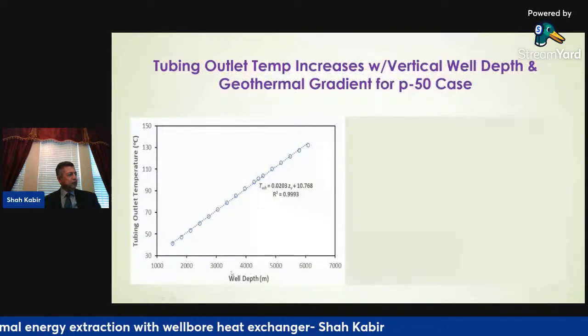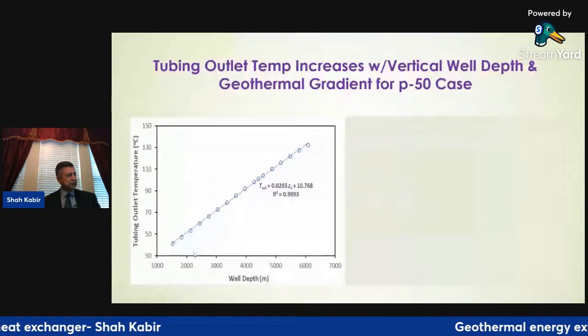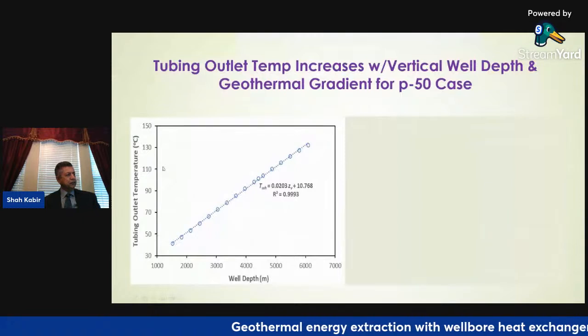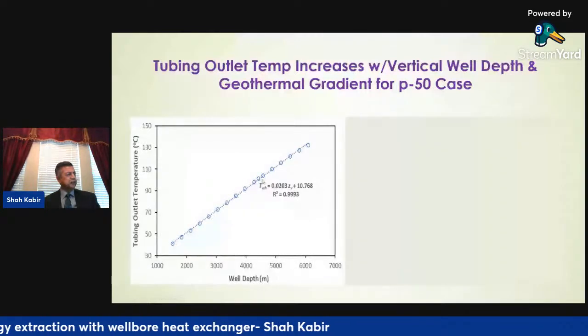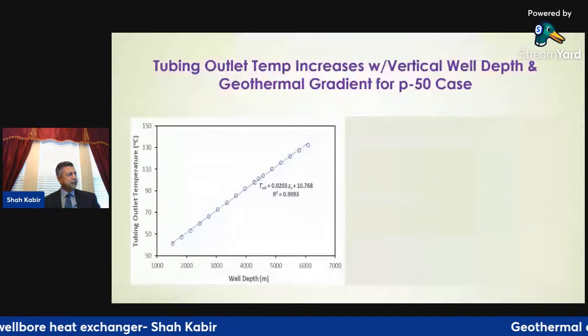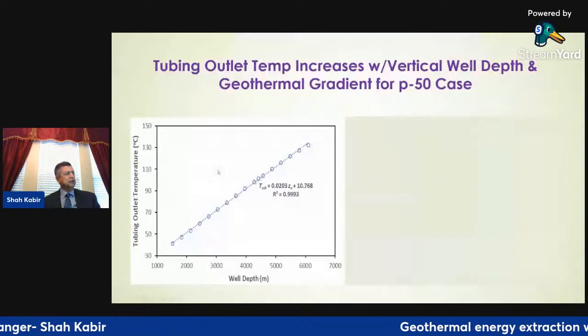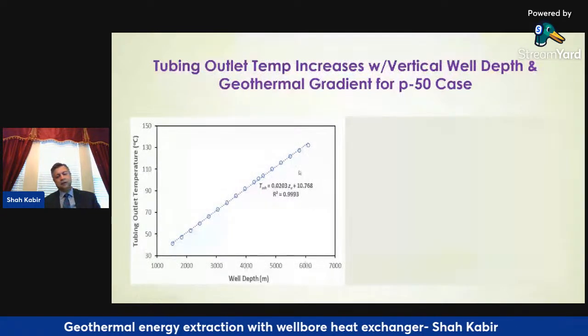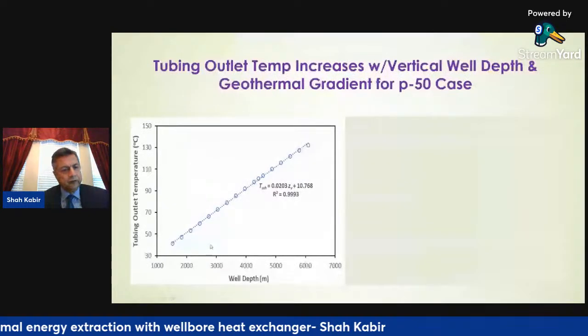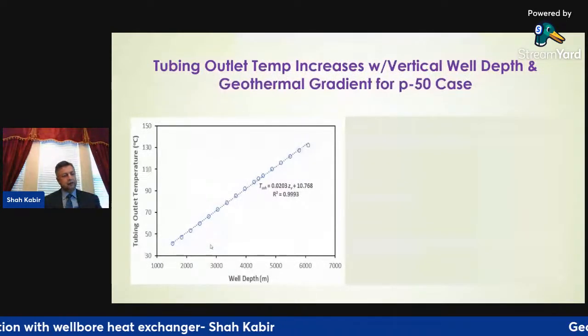And then, what's going on with the tubing outlet temperature? As you can see, as we increase the well depth, that is the solution. So if we want to do a simple assessment before you dive into any details, this sort of graphical picture gives you a quick understanding of how deep you have to drill and what temperature you want, and is this economic?